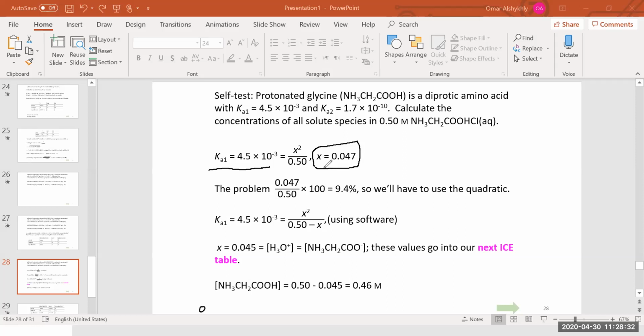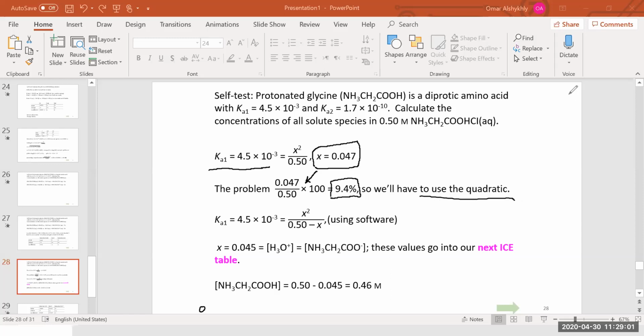Now, when you check the deprotonation percentage, the 5% rule, 0.047 divided by 0.5 times 100% gives you 9.4%, which is more than 5%. So we'll have to use the quadratic equation.